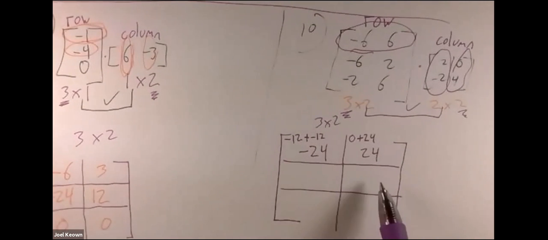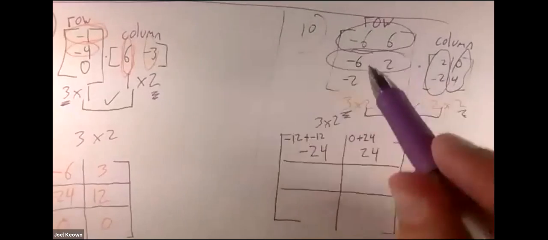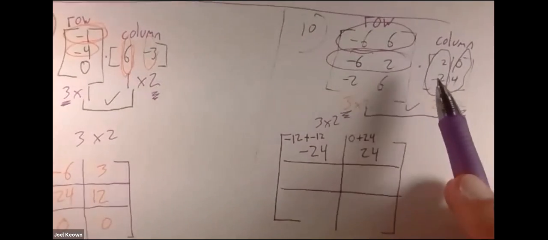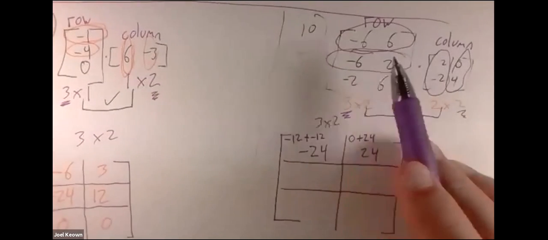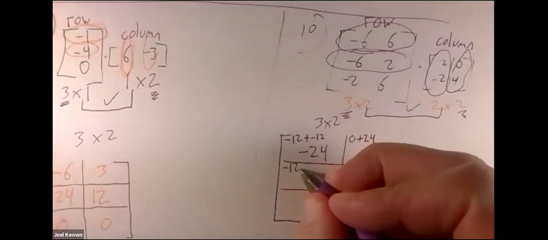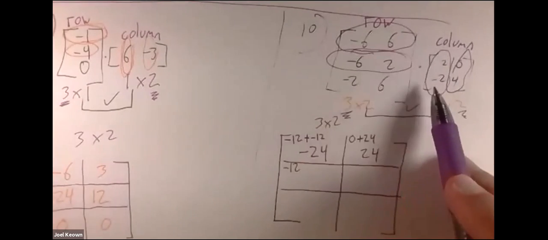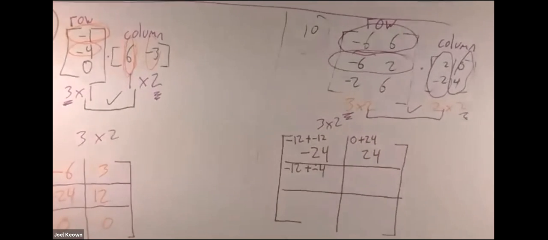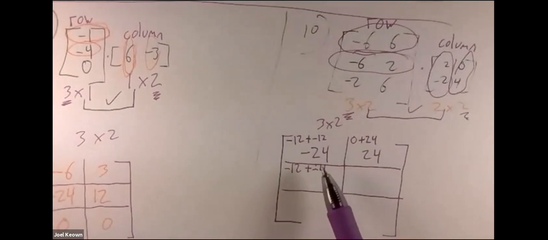All right, moving on to our second row. So I'm going to circle the second row. Well, let's do this box. So this is in the first column right here. Negative 6 times 2 is negative 12. 2 times negative 2 is negative 4. And of course, I'm putting plus right here.